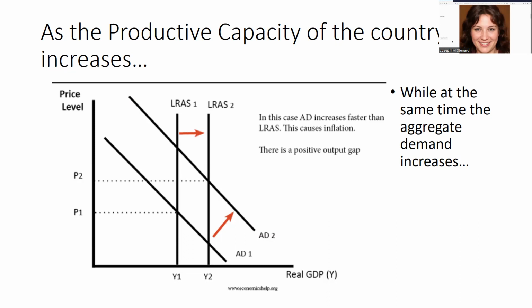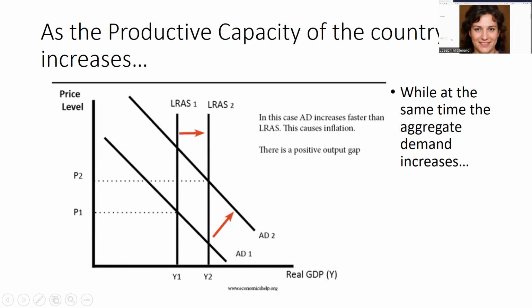So as our productive capacity of the country increases, like I just showed you in that prior slide, the long run aggregate supply curve moves to the right. That's the increase of productive capabilities. Now the aggregate demand curve is moving to the right as well, moving upward to the right, and that's showing that aggregate demand is increasing. So we were at a price level of P1 and an output level, or real GDP, of Y1.